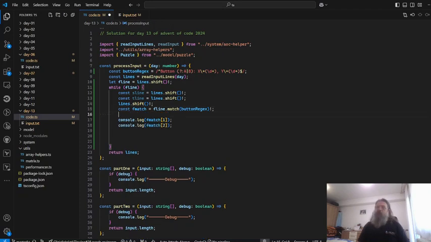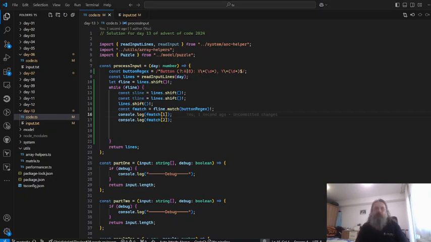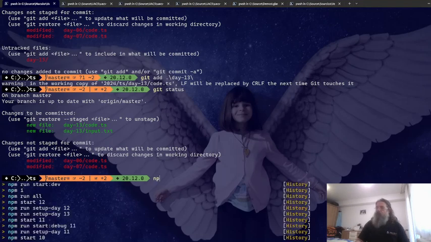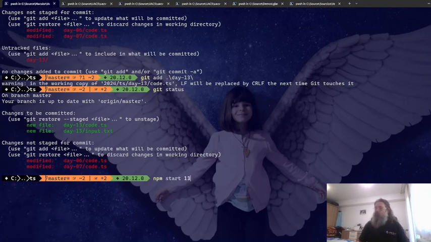We can actually say if it's null, throw something, but let's see. Run the 13th. It's a bit of warming up in the morning.